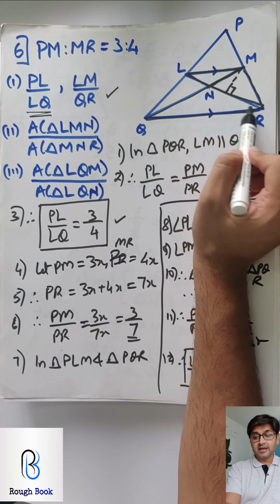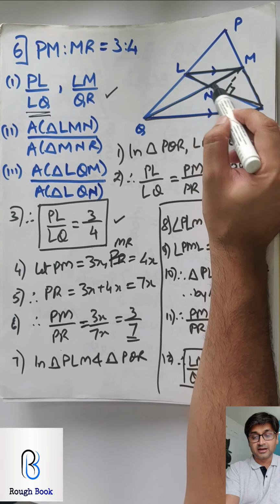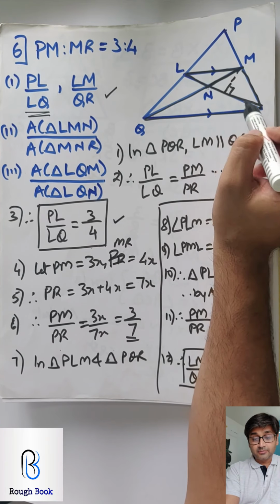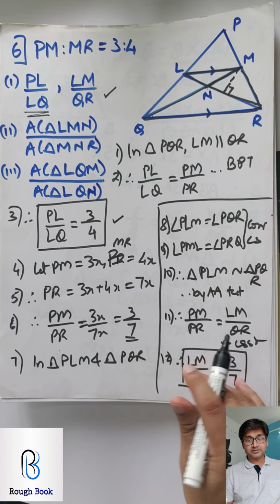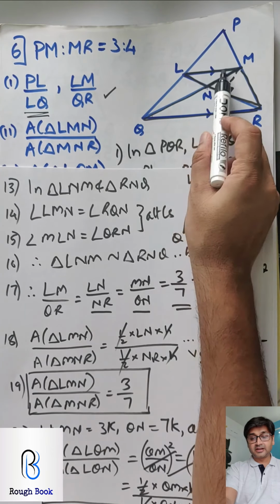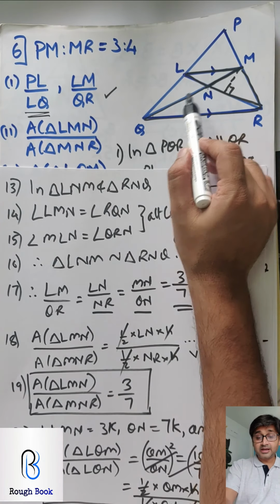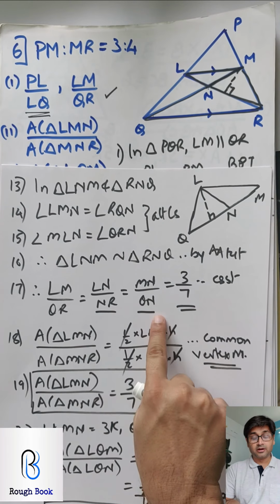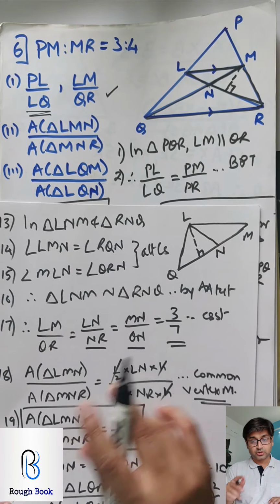Now LMN and MNR, we knew that they've got a common vertex, so heights are equal. So LN upon NR. To get LN upon NR, we took these two opposite triangles, proved them similar first. Here, once they were similar, then we directly wrote LN upon QR, LN upon NR and MN upon QN, all three together, because we knew that in the next part we will need this also.